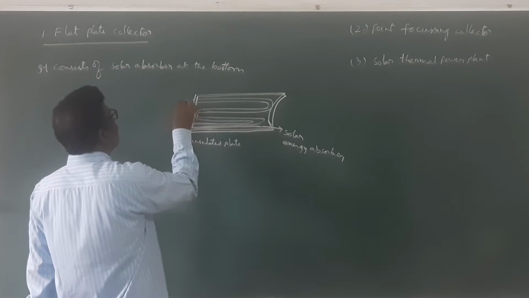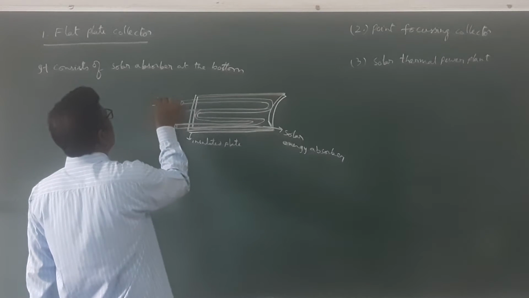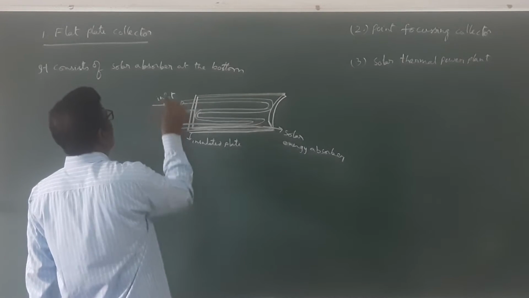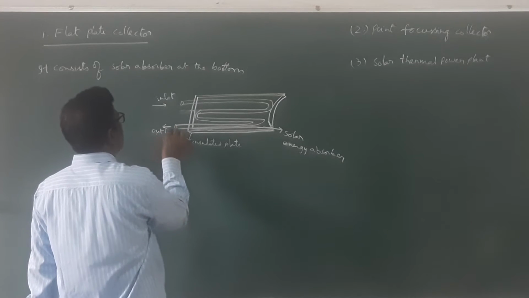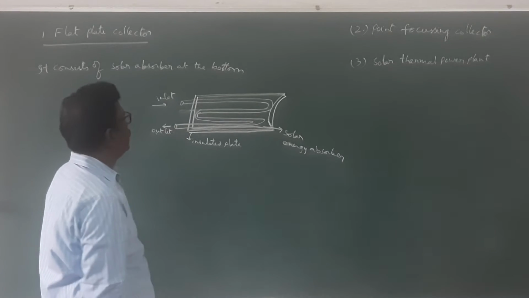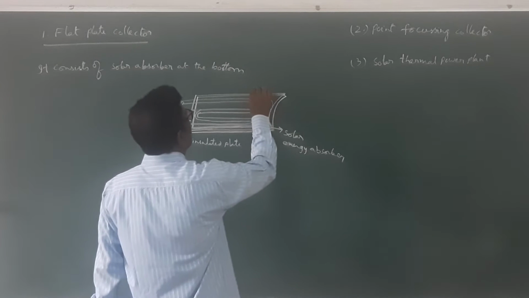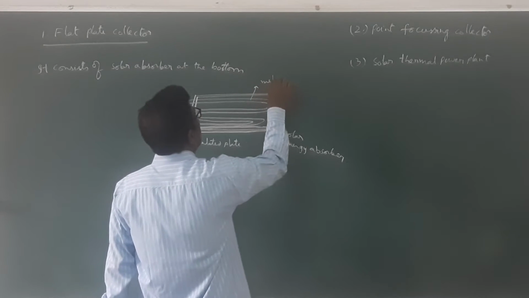This is the inlet and this is the outlet of the tube. So this is the metallic tube.